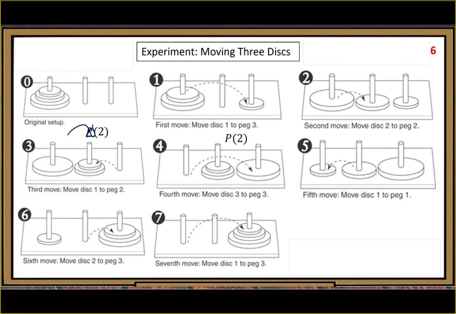When we do this solution, you can see we apply the size 2 solution twice. The first time size 2 solution, and the second time, another time, size 2 solution.